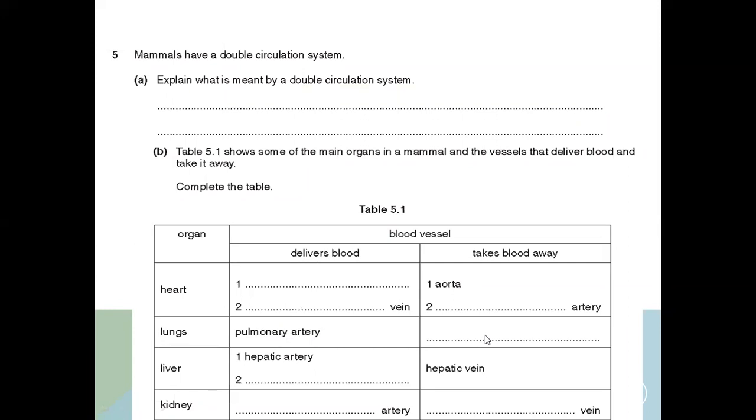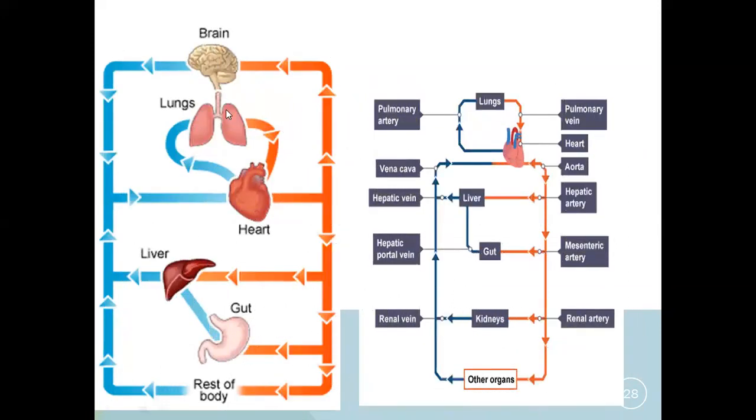So come toward this picture once again, look here. This is the pulmonary artery, taking deoxygenated blood from the heart to the lung. While the pulmonary vein is taking the oxygenated blood and coming back to the heart. So it is taking blood away from the lung, so it should be the pulmonary vein. Is it clear?